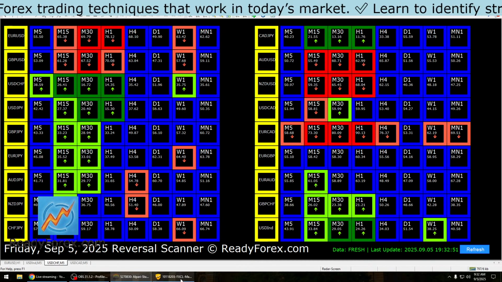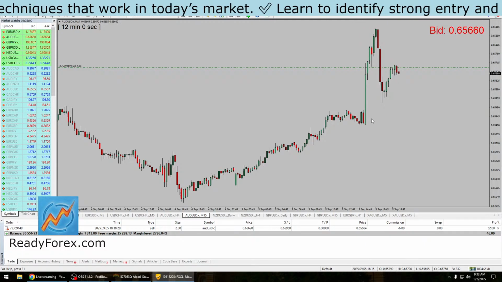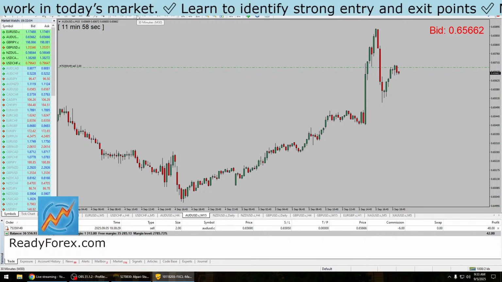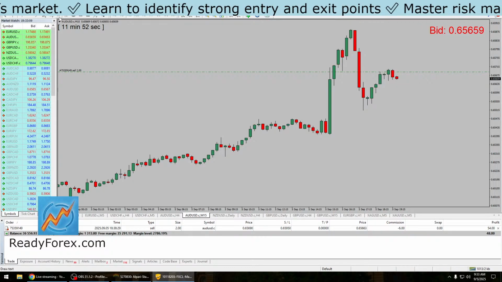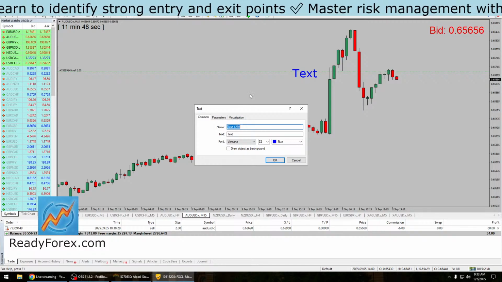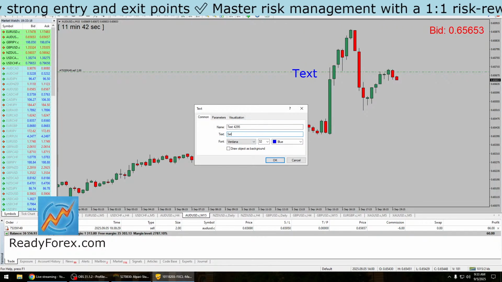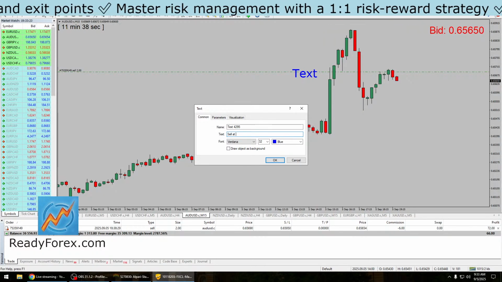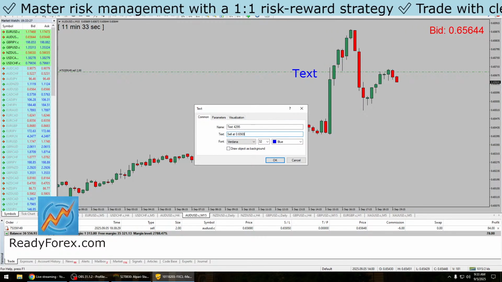Now regarding the Aussie dollar, let me show you. I actually took a sell trade in the AUDUSD currency pair a few minutes ago. This is my sell entry. So let me write it down. Click over here. So sell at 0.6569.